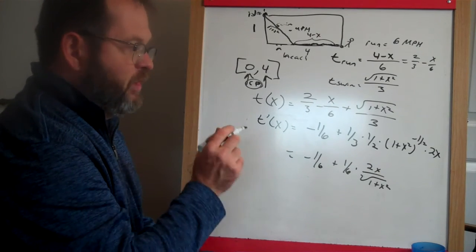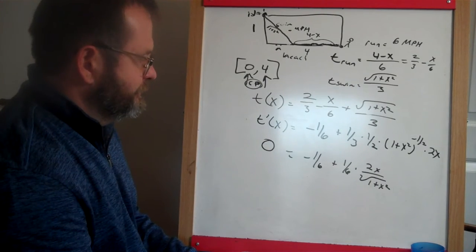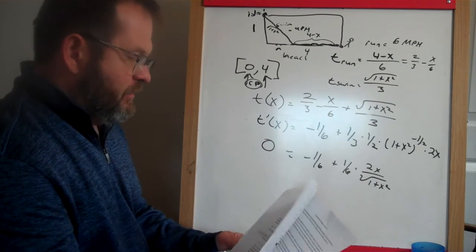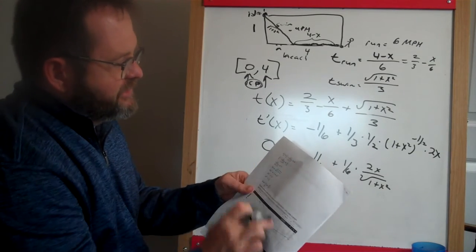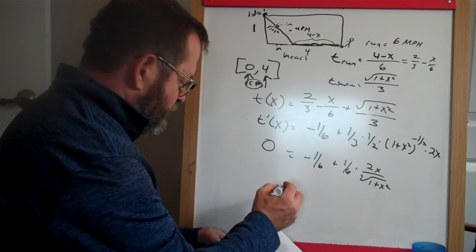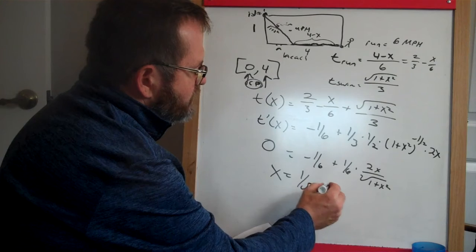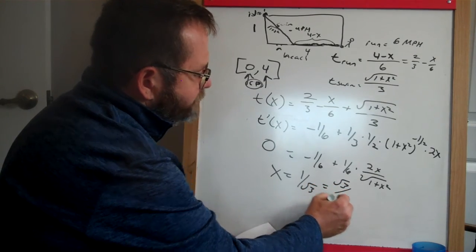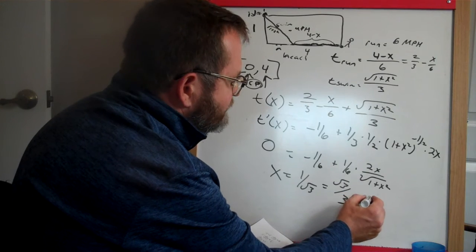We are looking for places where this derivative is equal to 0. If you look on page 6 of the handout, you can see it took me 8 steps before I was able to get this, where I found that x is equal to 1 over the square root of 3, which is the same thing as square root of 3 over 3, about 0.577.